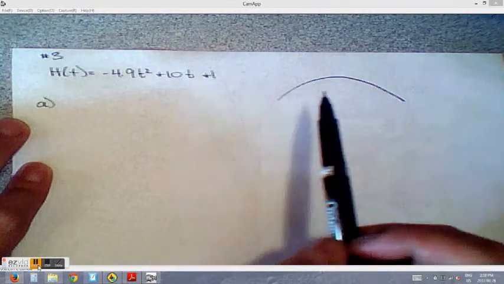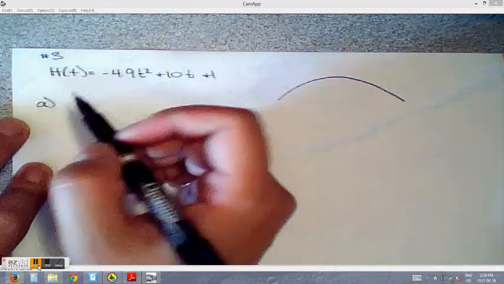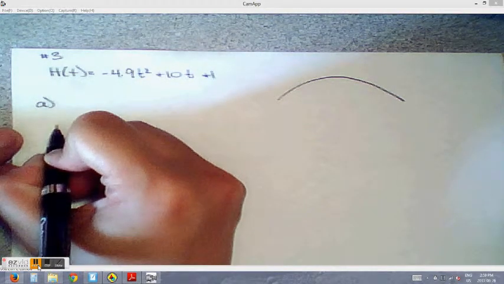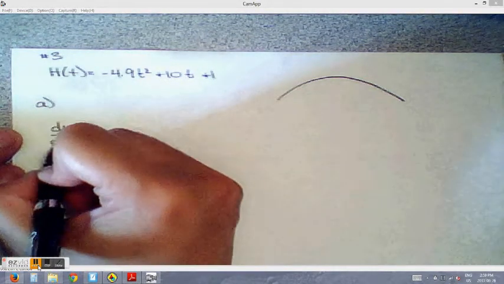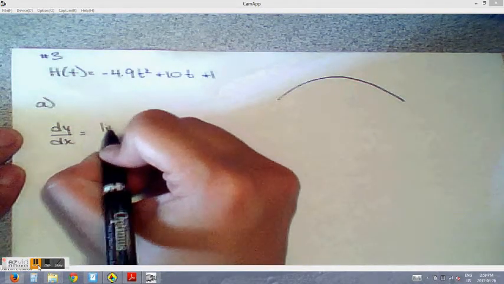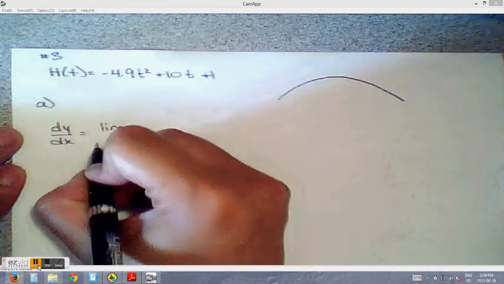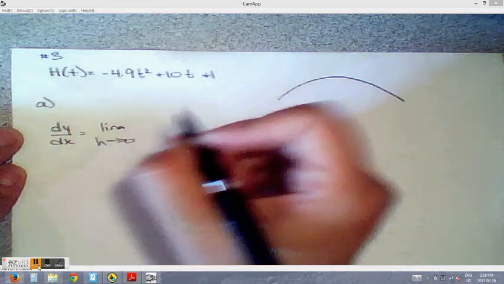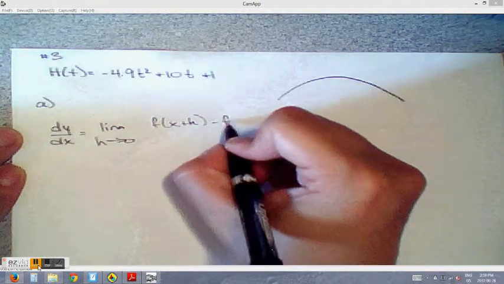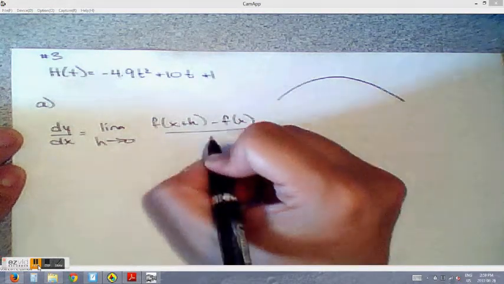Now we want to use first principles, but instead of writing f prime at x, we're going to say dy by dx, the change in y over the change in x, is the limit as h approaches 0 of f at x plus h minus f at x all over h.